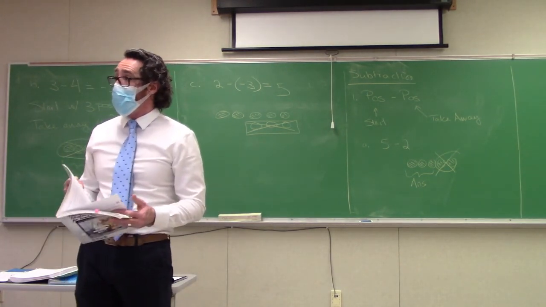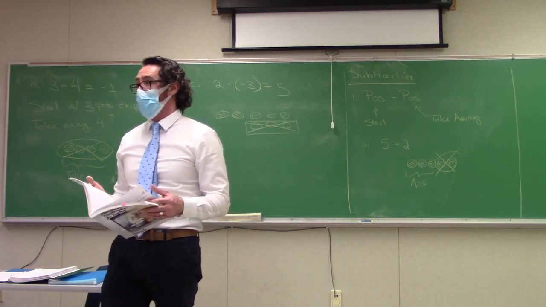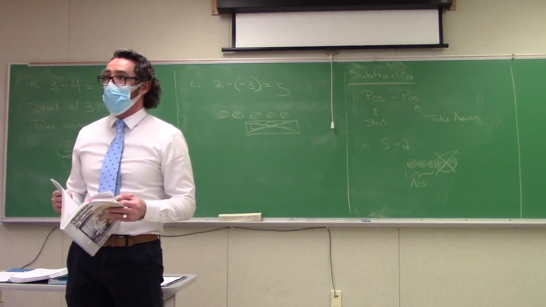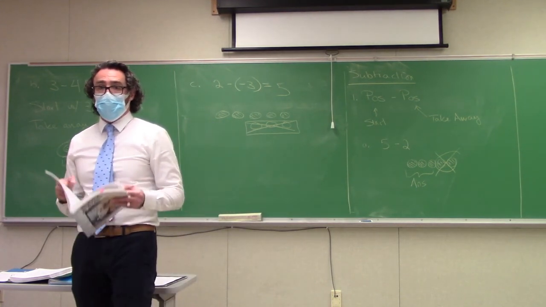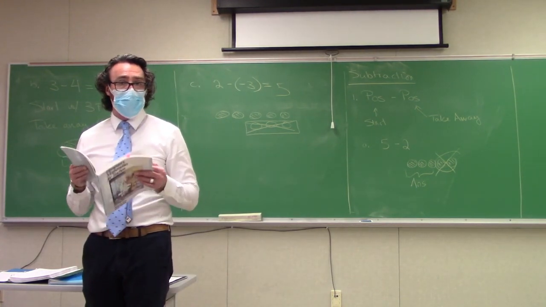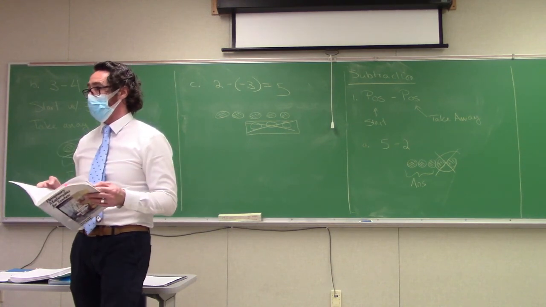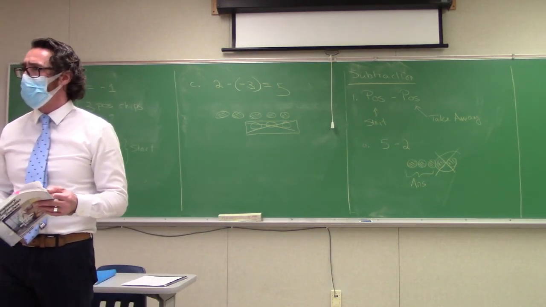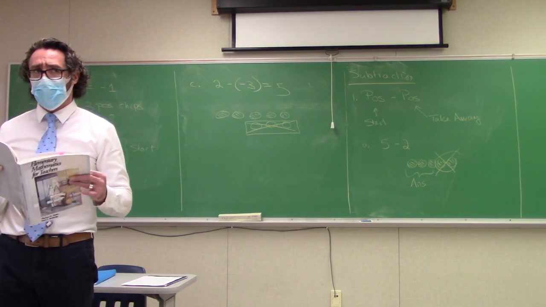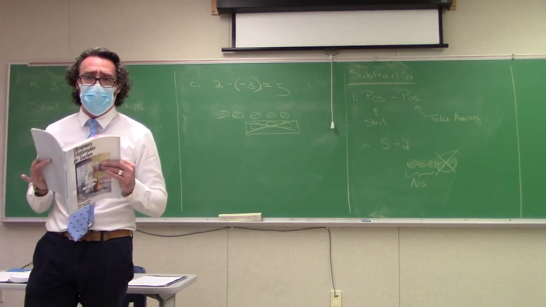On number 1, don't worry about the vector model. Just do the number line model and the chip model. Okay, so 1 through 4, number 6, number 7. For number 1, what are we doing again? Right, no vector model, do the number line, do the chip model.